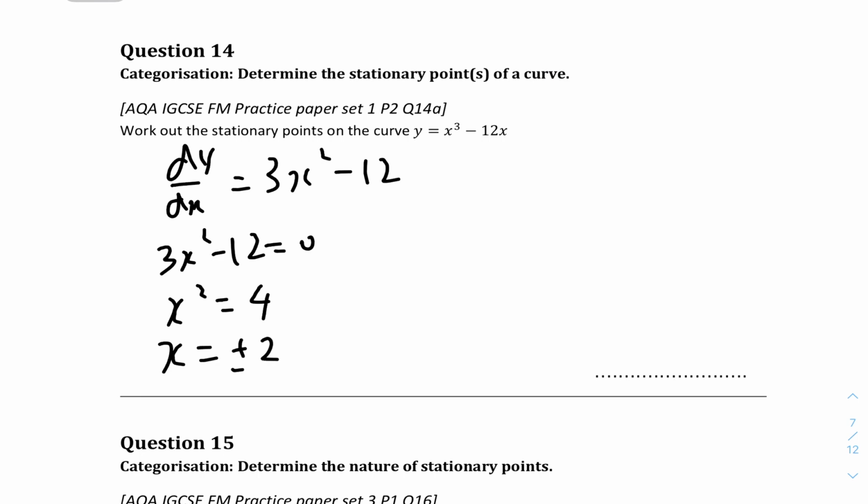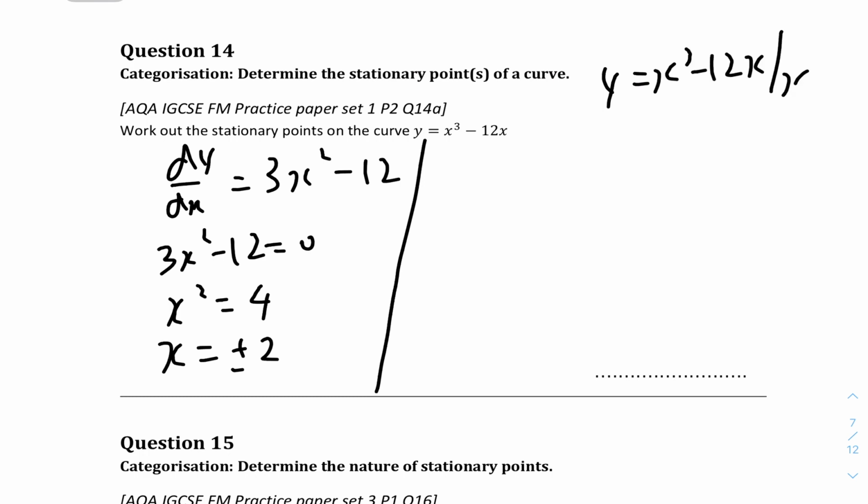And we have to find the corresponding y value. So y equals x cubed minus 12x, while x is 2, will be equal to 2 cubed minus 12 times 2, which is minus 16.